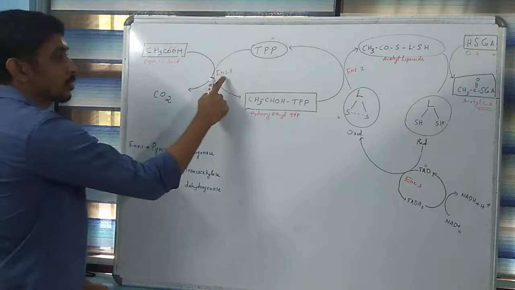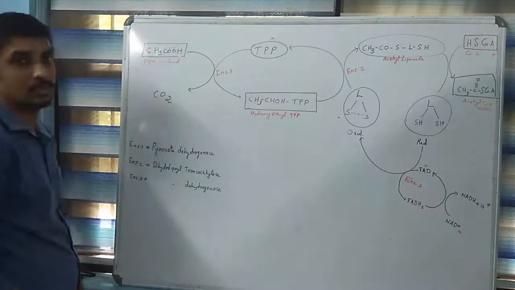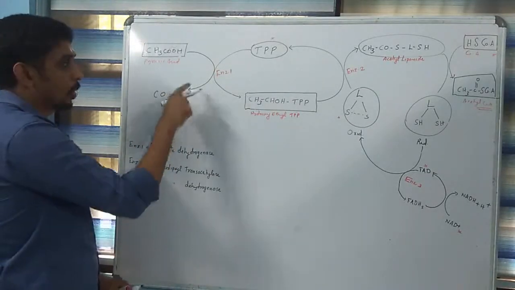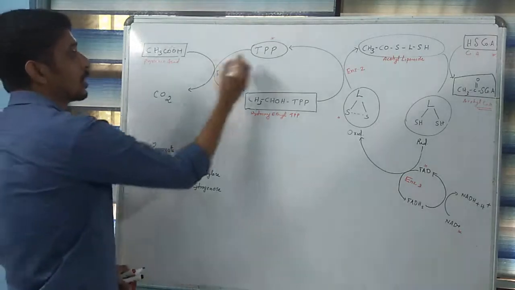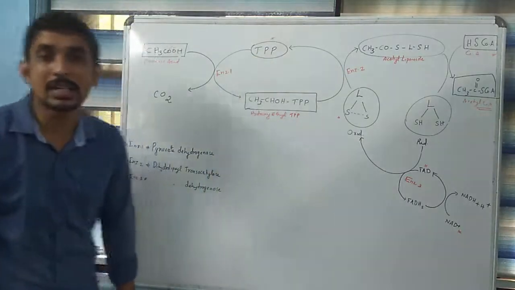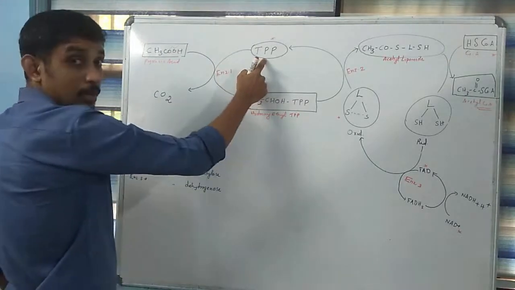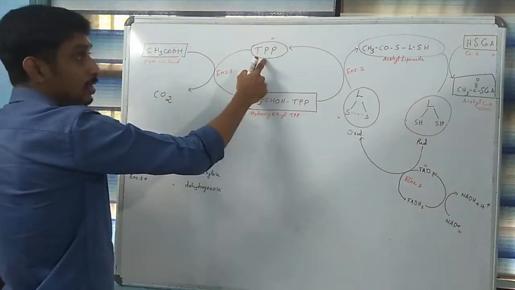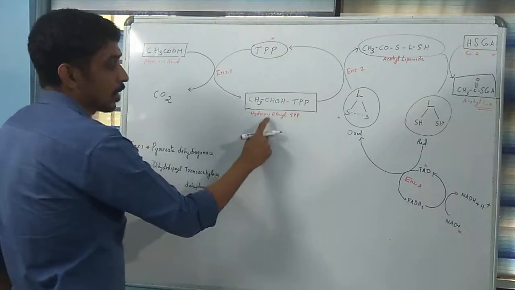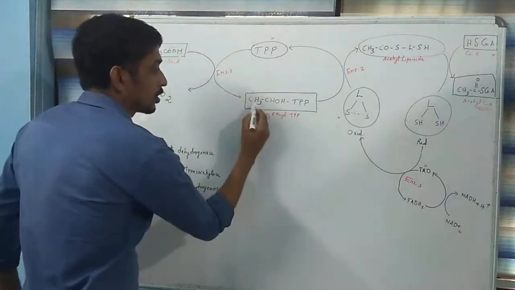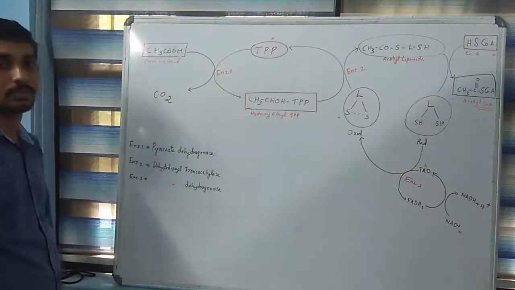That decarboxylation occurs in the presence of the enzyme pyruvate dehydrogenase and thiamine pyrophosphate, which is a derivative of vitamin B1. We get a new product called hydroxyethyl thiamine pyrophosphate. So that is the role of enzyme 1.